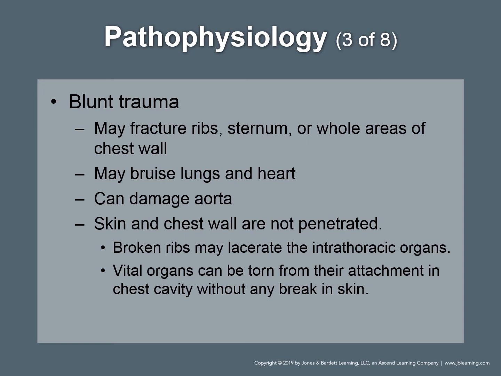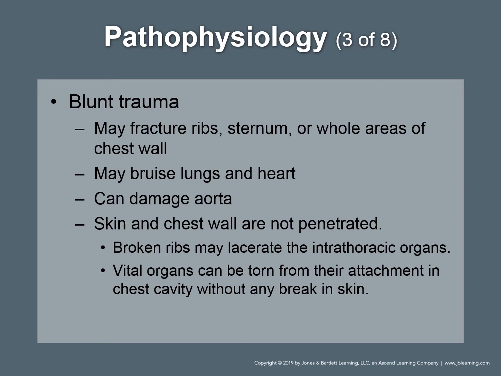The skin and the chest wall are not penetrated, so with blunt trauma, the chest wall and skin remain closed and intact. Broken ribs may lacerate internal organs, including the heart, the lungs, the aorta. You can also have lacerations to the liver or the spleen from your rib fractures. Vital organs can be torn from their attachment.